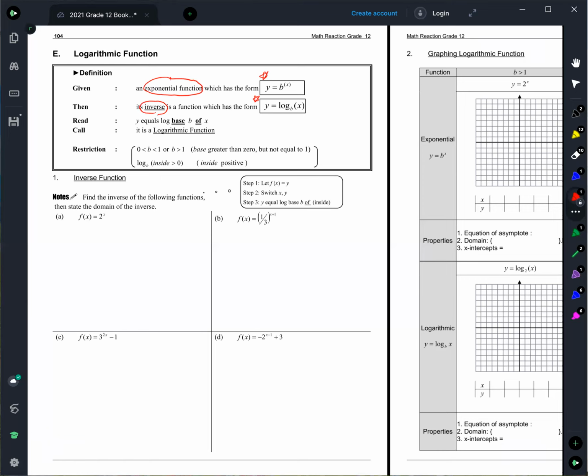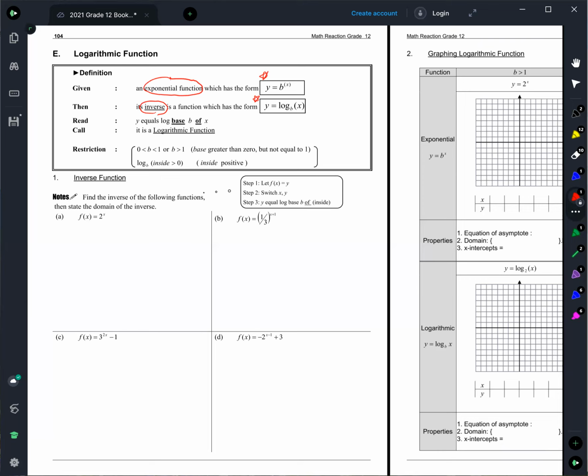So if you remember from way back to September, when we talked about functions, inverse, you can find inverse by switching x and y.